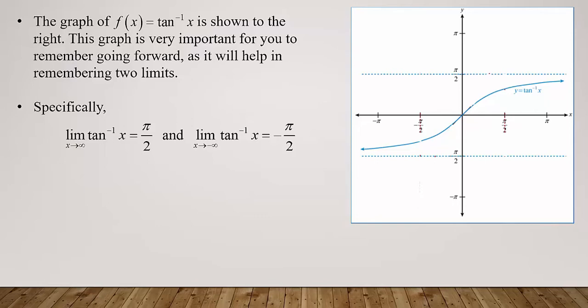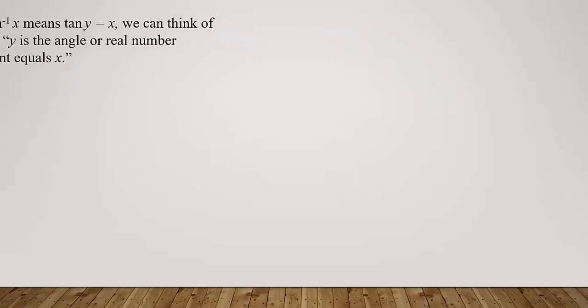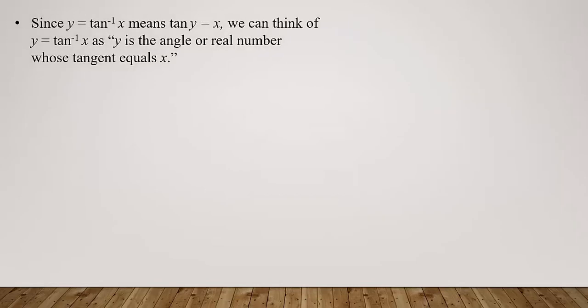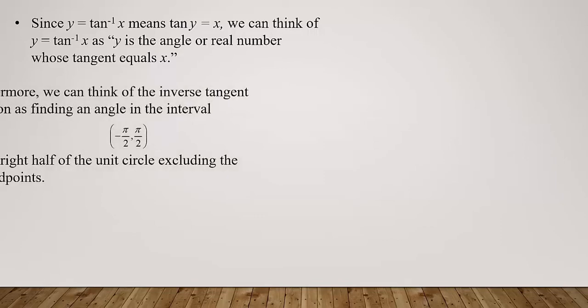Hopefully you heard that back in trigonometry. Now, since y equals inverse tangent x means tangent y equals x, I've always thought that y equals inverse tangent x was telling me that y is the angle or real number whose tangent equals x.